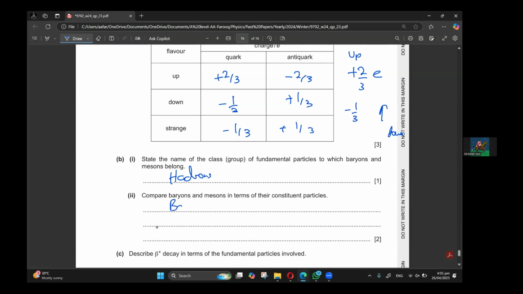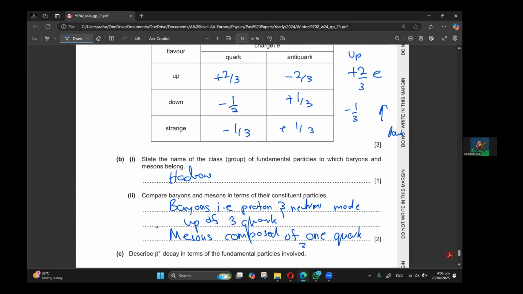Baryons, i.e. protons and neutrons, are made up of 3 quarks. Mesons are made up of 1 quark and 1 antiquark. This is basically memorization, you just need to rehearse this.